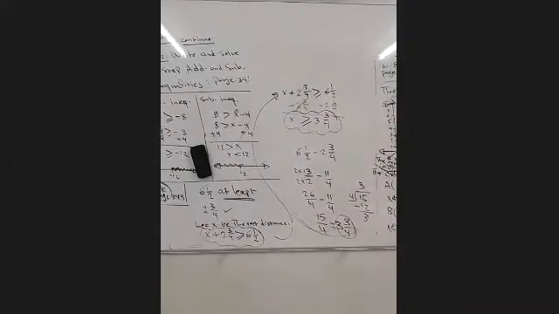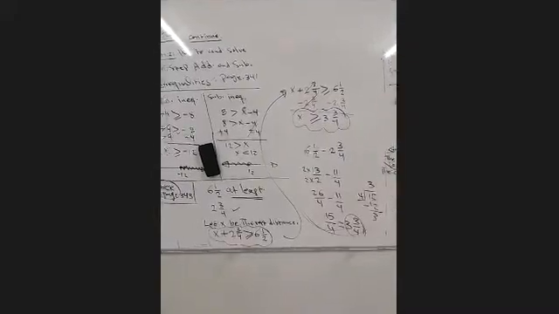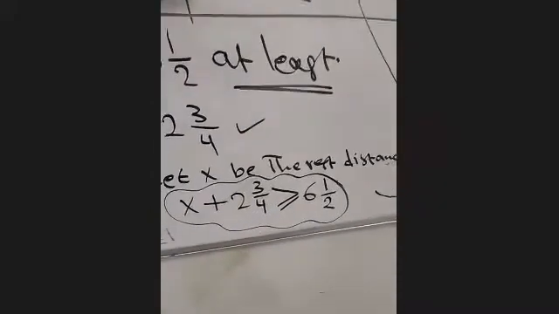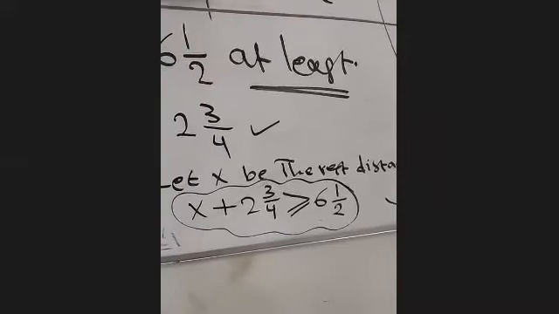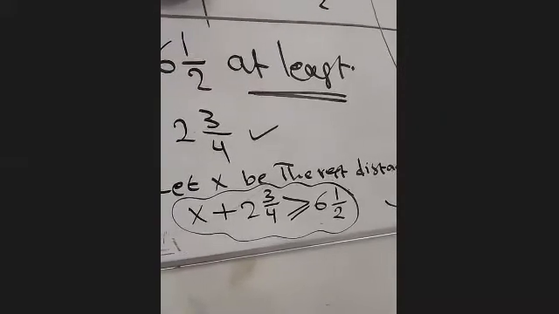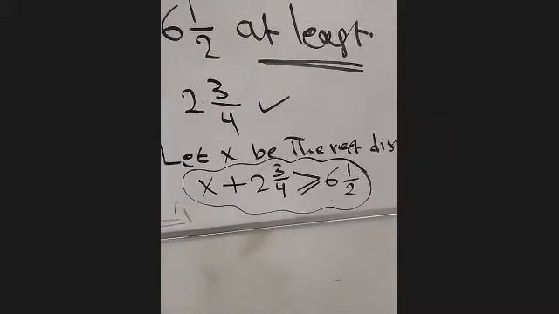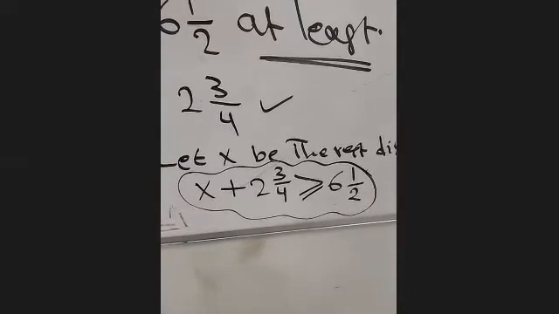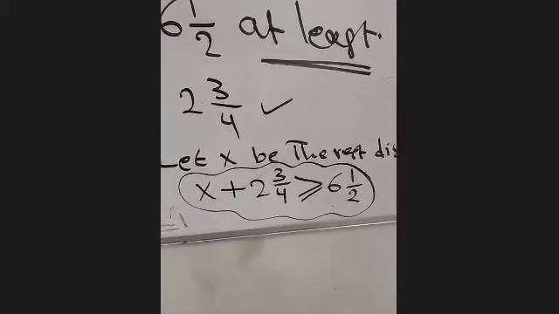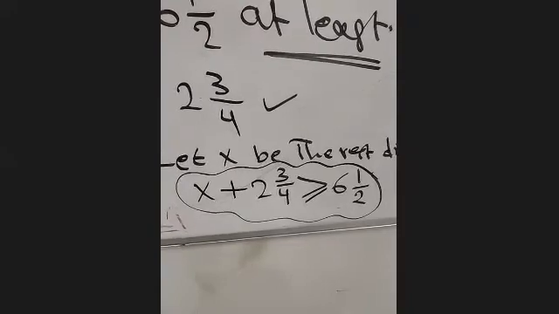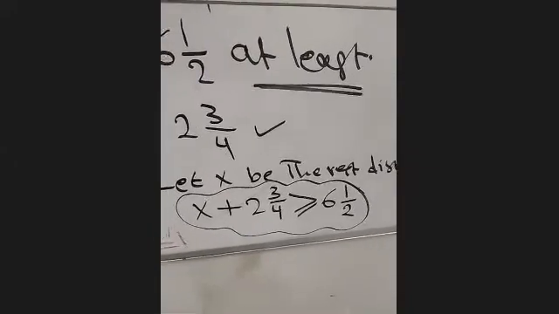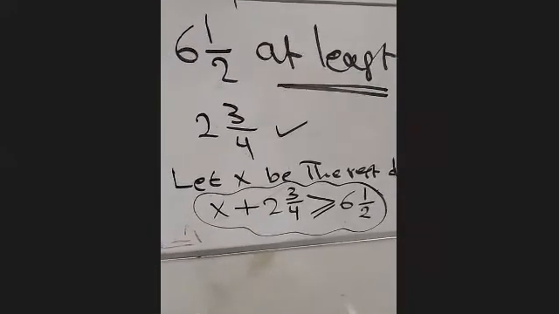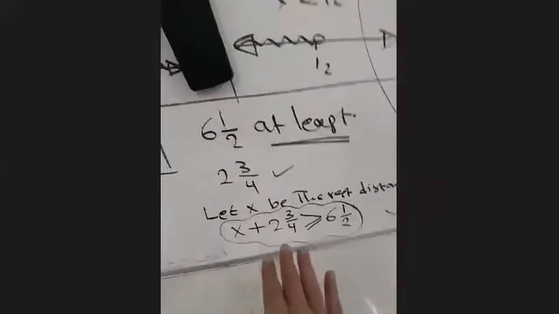This x plus 2 over 2 3 over 4. The last time we write this one, and we write it up, and we write another one. We rewrite it 3 times. Mister, this inequality, we solve it here.